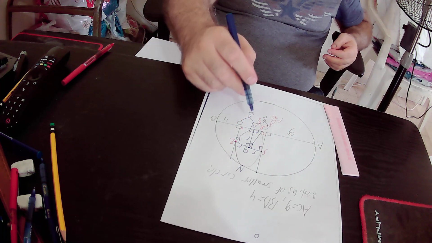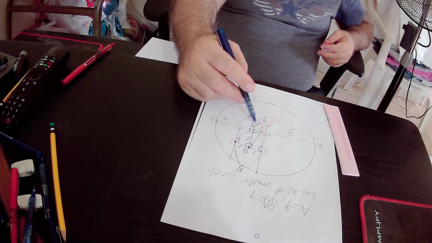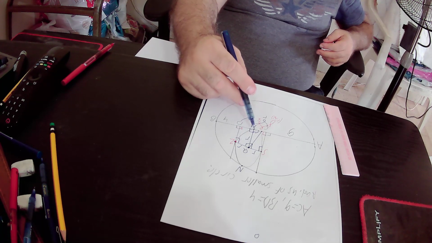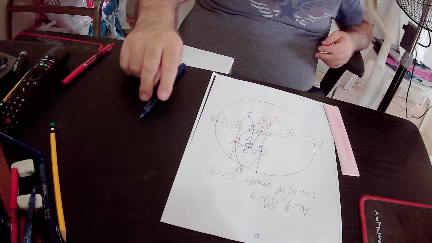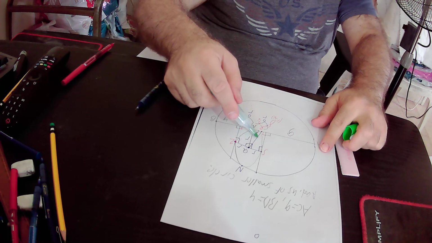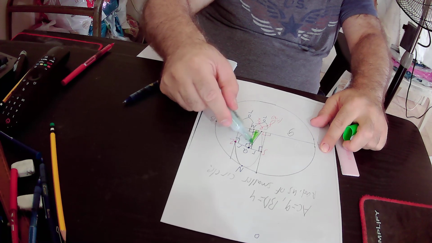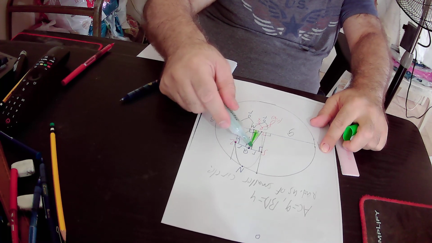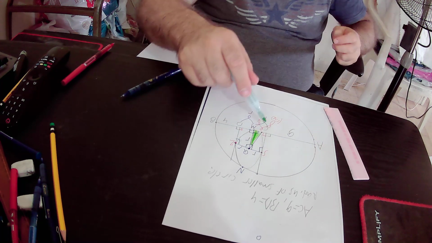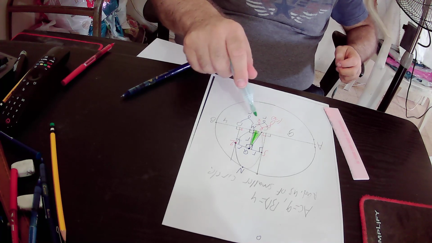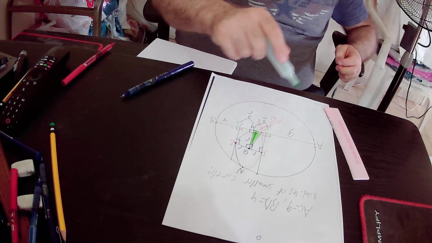So we have here triangle QMP, in the green color, which is a right triangle because angle QMP is a right angle, therefore triangle QMP is a right triangle.